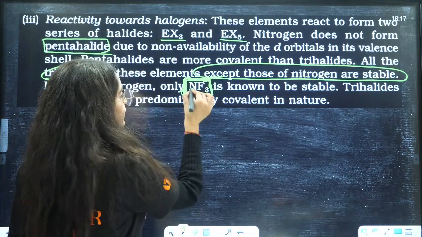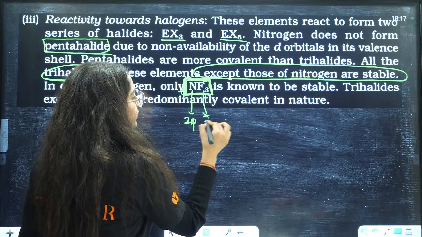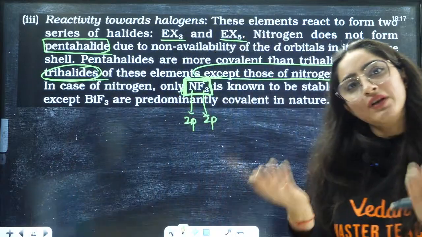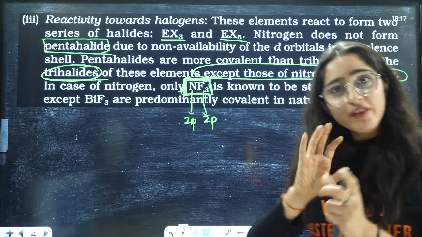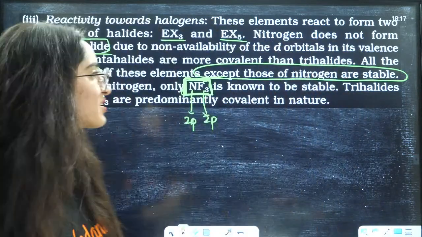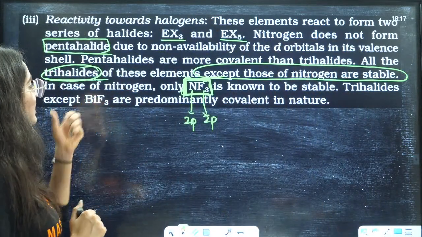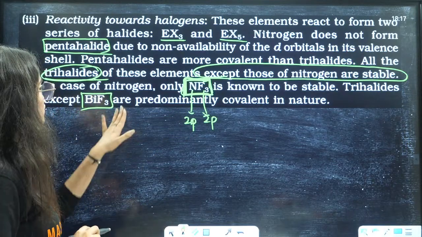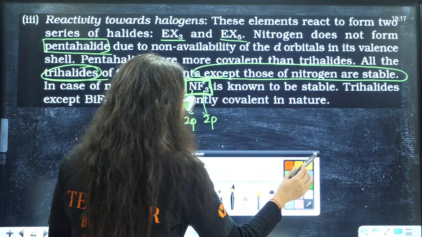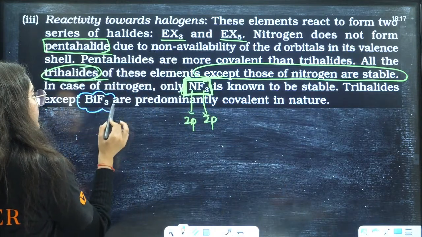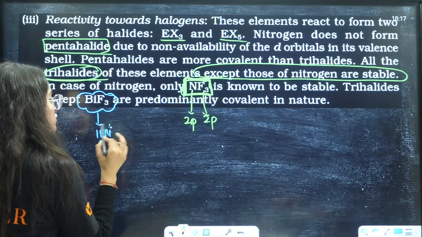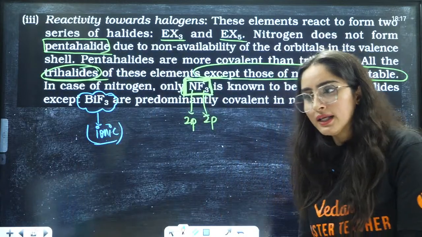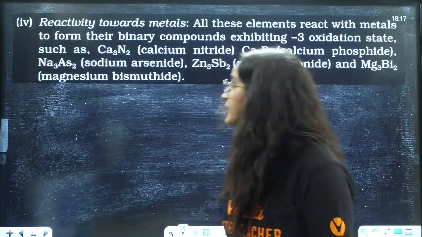Because here also it is 2p, here also it is 2p. So somewhere this becomes stable, but with 2p, 3p overlapping, it is even less stable, right? There are so many factors that contribute to inorganic chemistry. So trihalides except for BiF3 are predominantly covalent in nature. Very, very important: this BiF3 halide is ionic in nature. Others are covalent in nature.